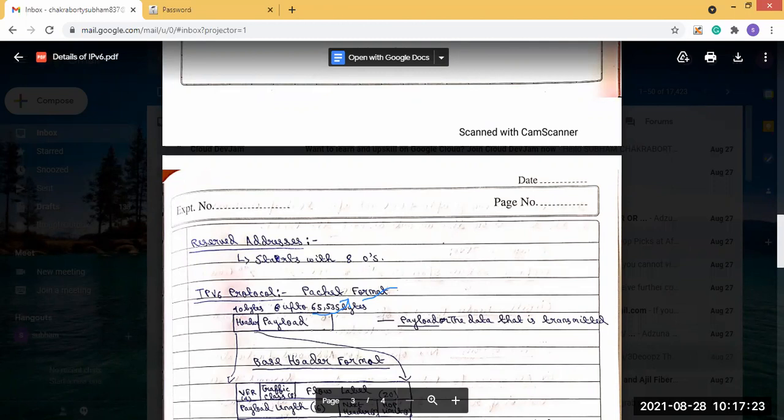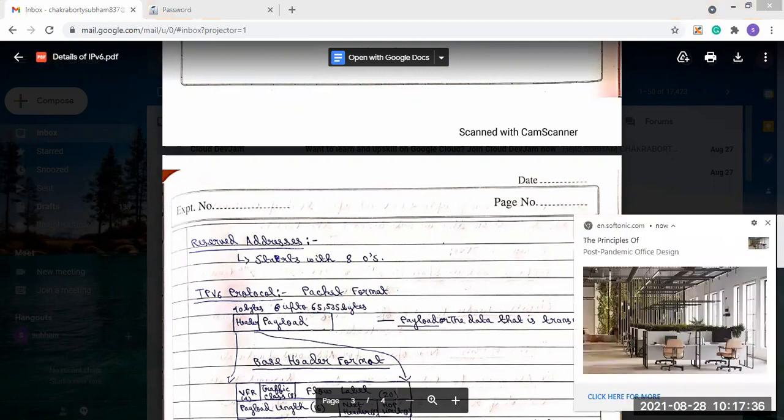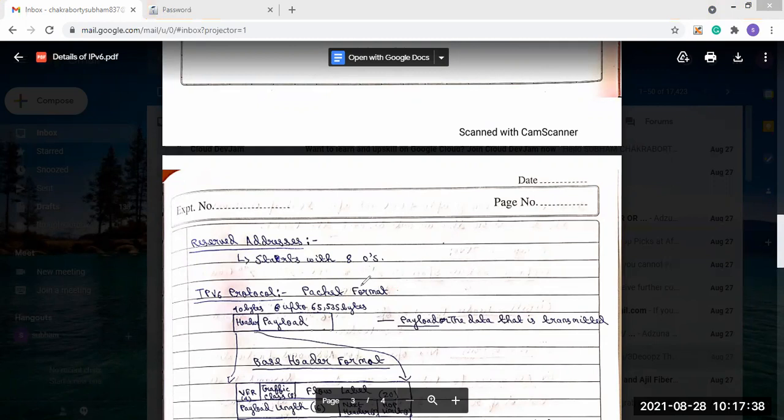Now we will move to the packet format of IPv6. In the previous class, we saw the IPv4 packet format. Same as that, for IPv6 also there is a packet format.